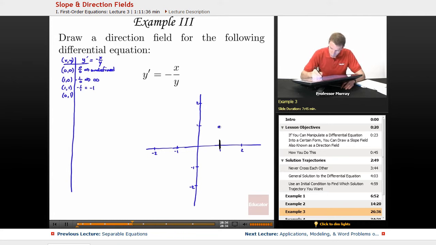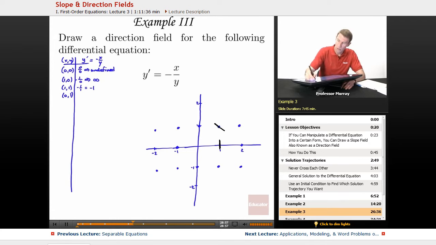I'll draw a few more points here that I'm planning to fill in. The point 1, 1, I just figured out has slope of negative 1. So I draw a line with negative slope there.